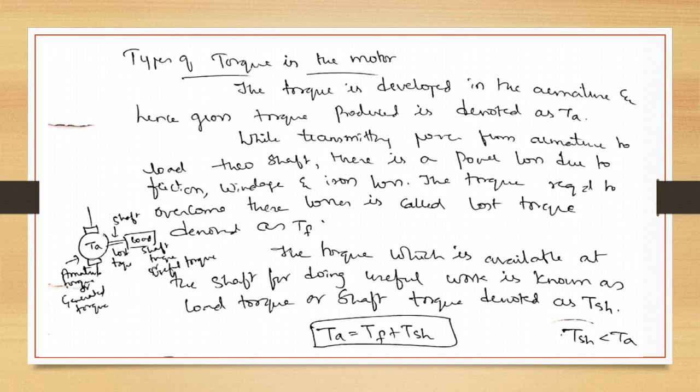So what is happening here? Armature torque is not the torque which we get at the shaft. In between, some amount of torque will be lost because of friction, windage and iron losses, and that lost torque is denoted as TL. The torque available at the shaft for doing useful work is known as load torque or shaft torque, denoted as TSH. This TSH is always less than armature torque. So armature torque will be equal to lost torque plus shaft torque.